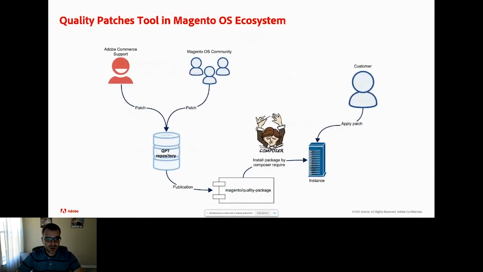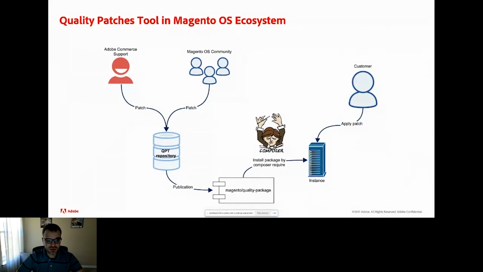So I have added changes to the schema that I previously shared. As you can see, community was added as a source of patches, and along with Adobe Commerce support, can deliver patches to the quality patches tool repository, and the patches will be available to customers, and customers can apply them to the instance and easily use them.